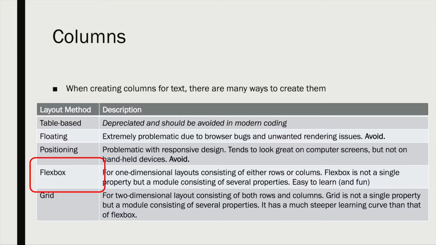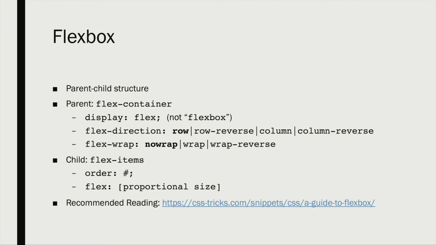Again, we're covering Flexbox. So let's talk about Flexbox. Flexbox is a parent-child structure thanks to CSS3. The parent is known as the flex container. It must have the required property of display set to flex. That's the only item that is required. Other items that you can use are flex direction and flex wrap.